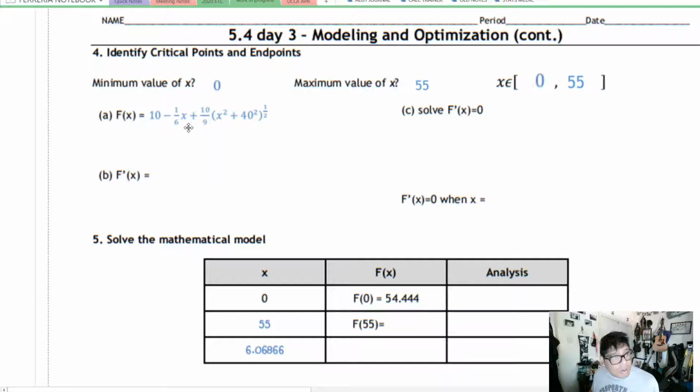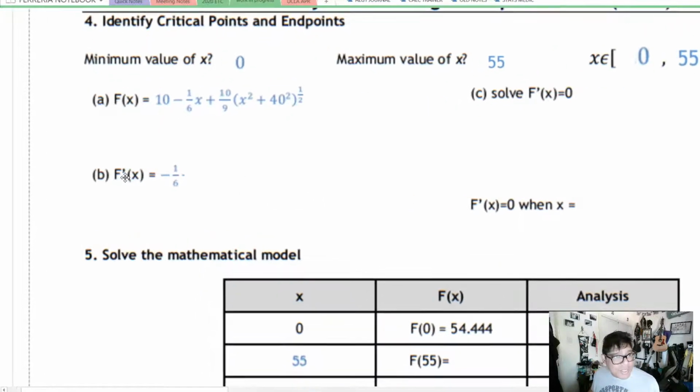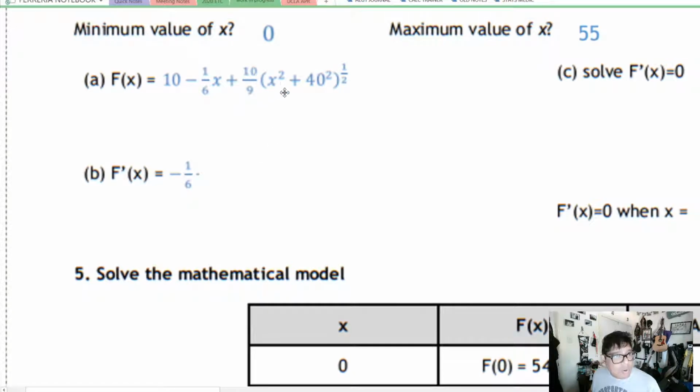The first part of the derivative here is the derivative of 10, which of course is nothing. The derivative of negative 1/6 x is negative 1/6. Now, how about the derivative of 10/9 of this square root? Well, 10 over 9 is just a constant, so we can just leave that constant.